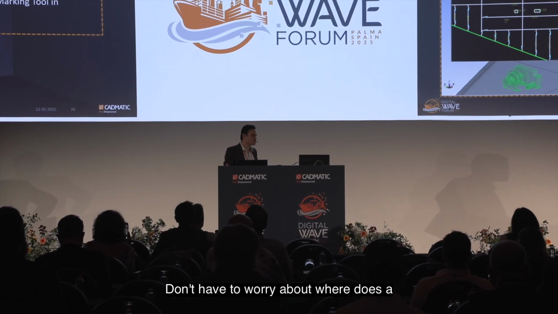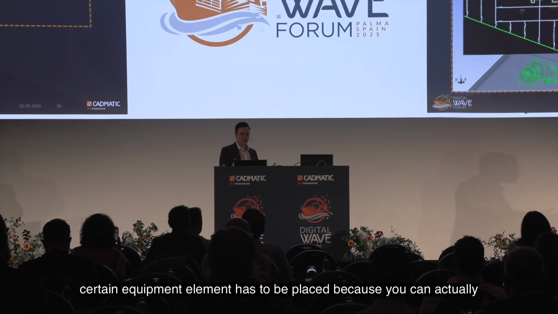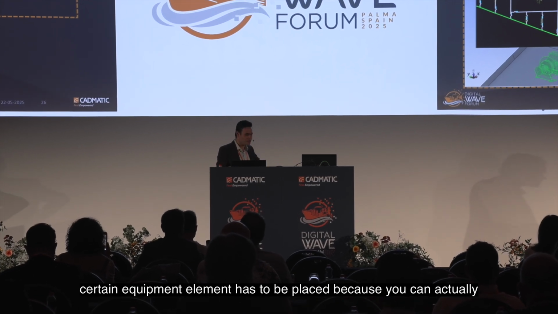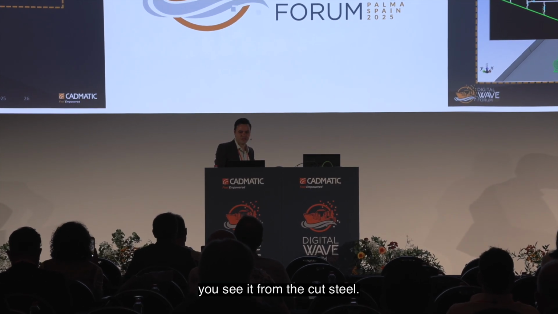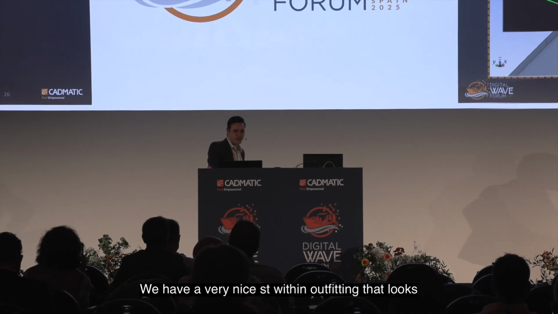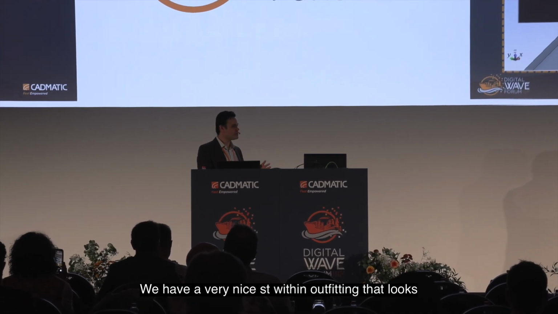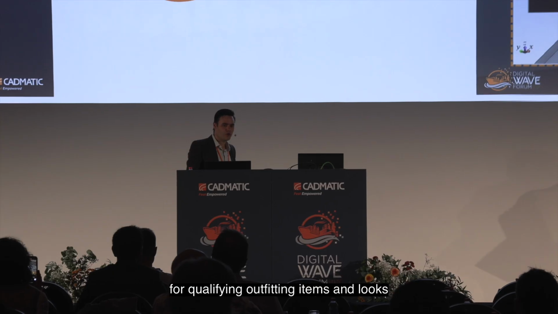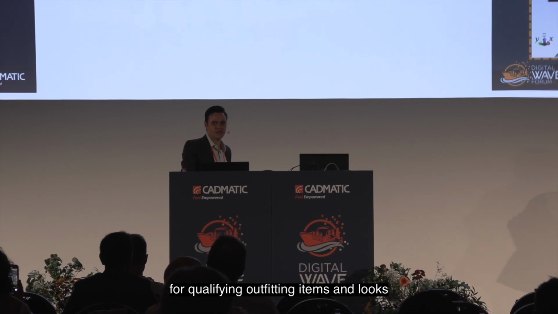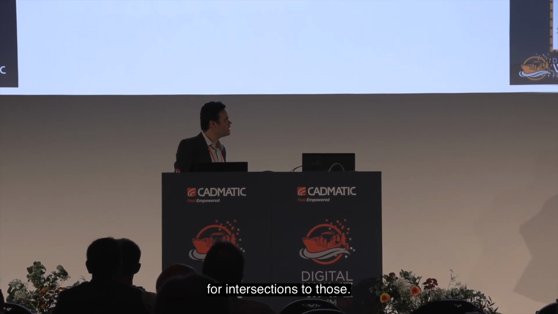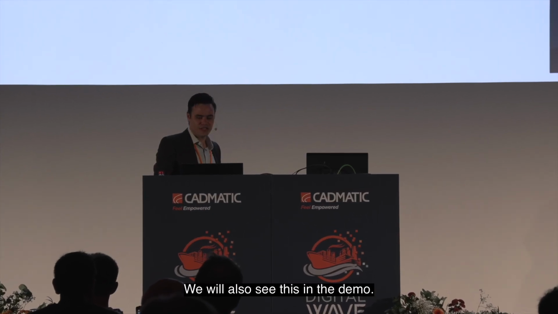You don't have to worry about where a certain equipment element has to be placed, because you can just see it from the cut steel. We have a very nice tool within outfitting that looks for qualifying outfitting items and looks for intersections to those. We will also see this in the demo.